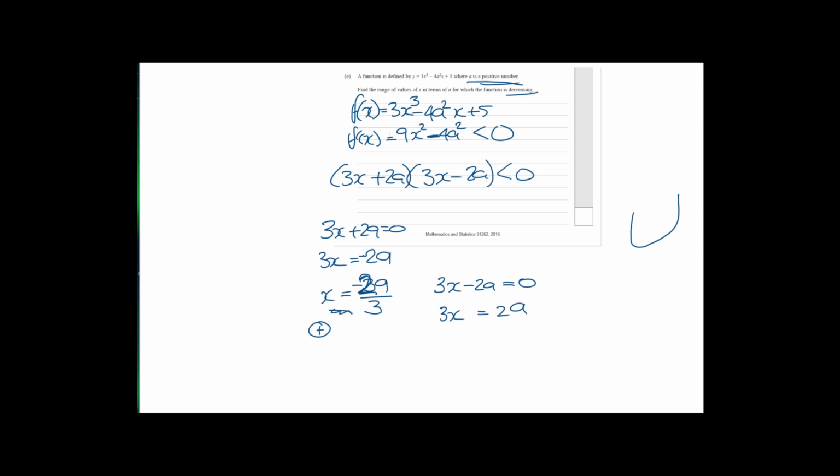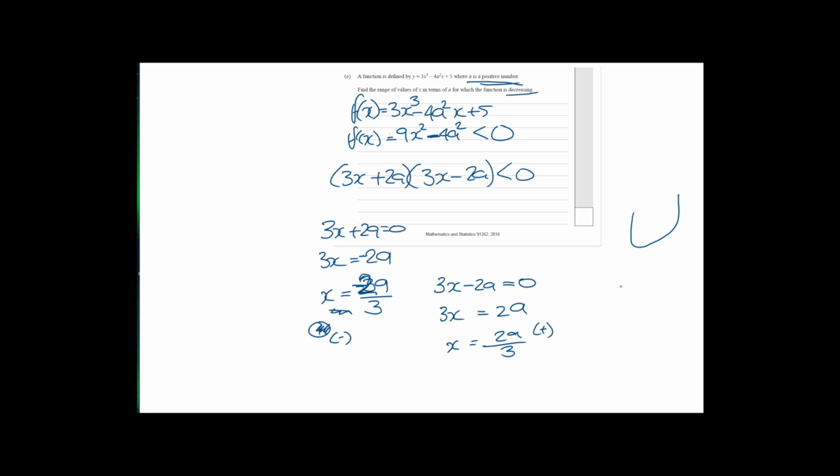Minus 2a, because we took 2a away from both sides. So that's got to be negative. And x here is 2a over 3. Those are all positive numbers.